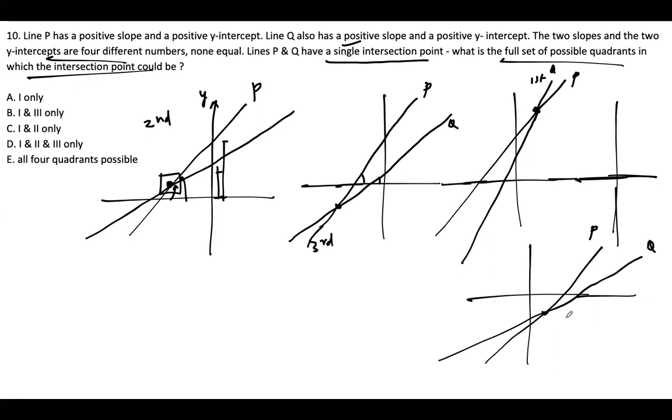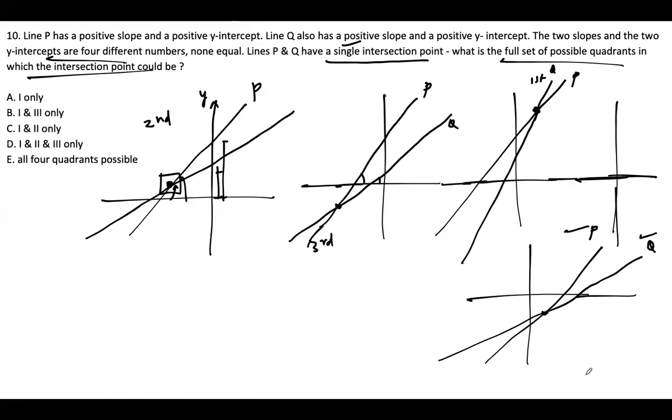Ashna, is this correct or incorrect according to the information provided to us? No, sir. Why is it not correct? See, slope is positive for both the lines. So in the fourth quadrant, the slope of line P is not positive.